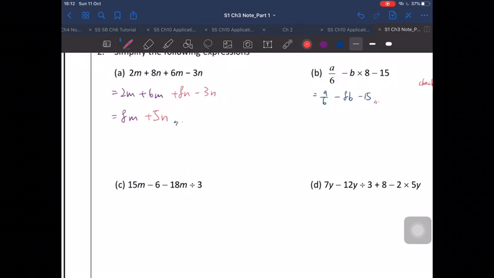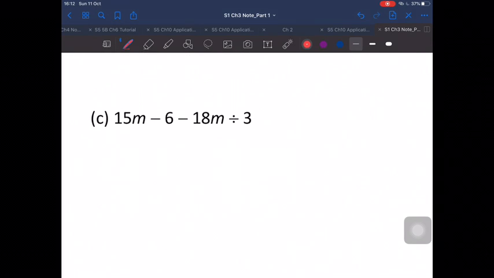So 2c. For 2c, for the first step, you should simplify the multiplication sign or division sign first. Okay, and then you will find a division sign here.